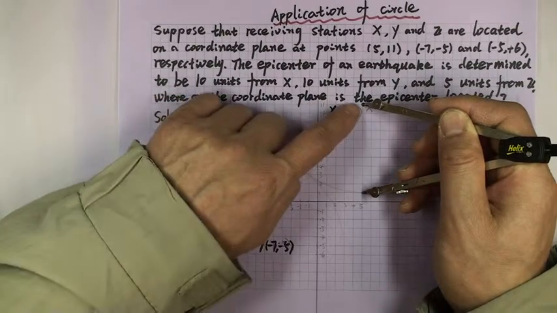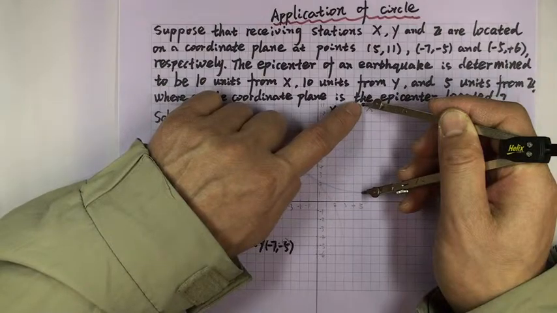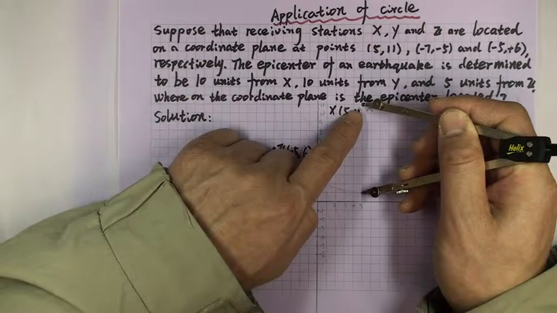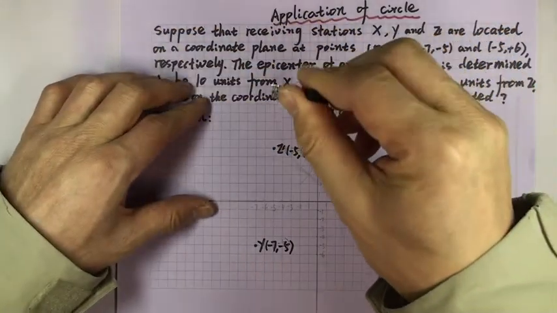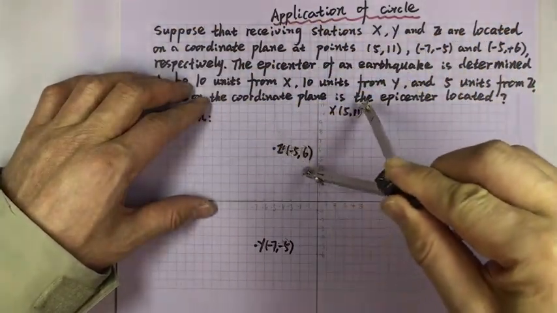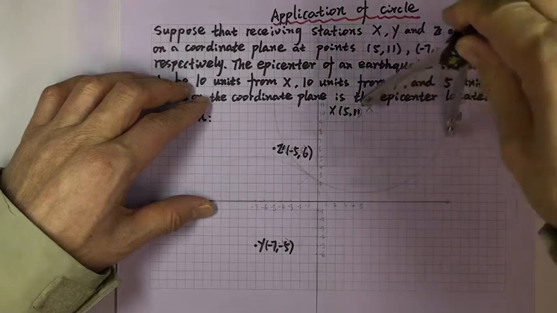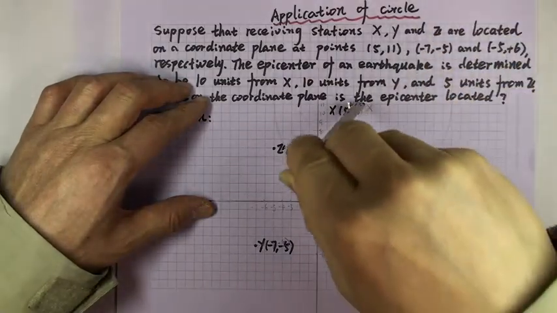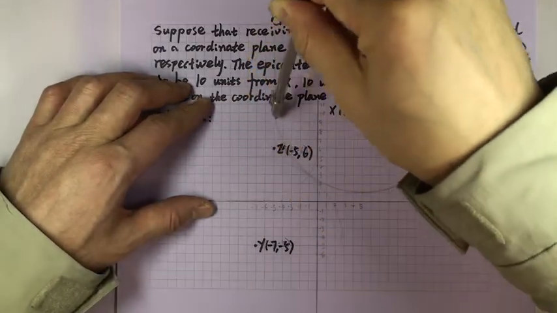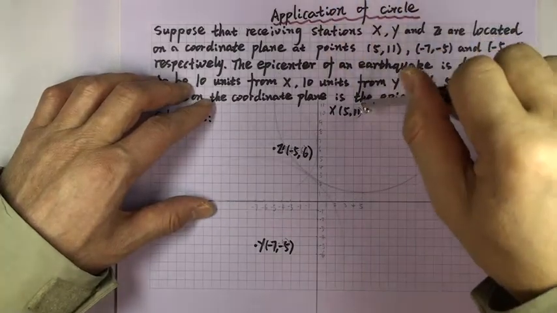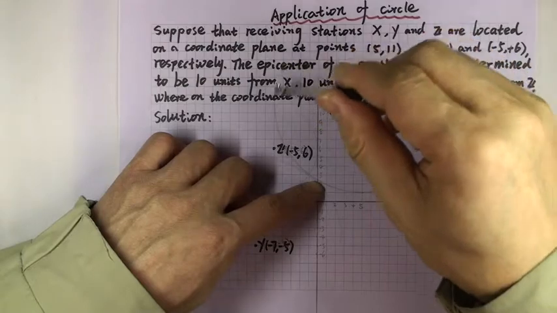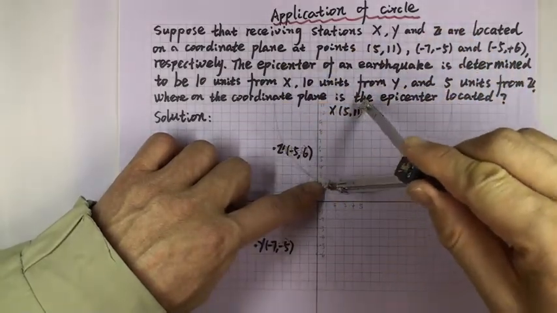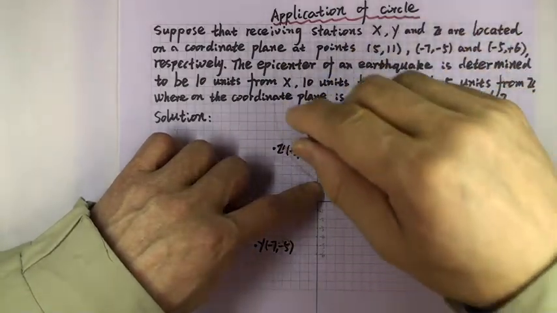Okay, so if you use X as a center, then all the points on the circle you may draw over there. But we don't need to draw over there. We know it's somewhere here.